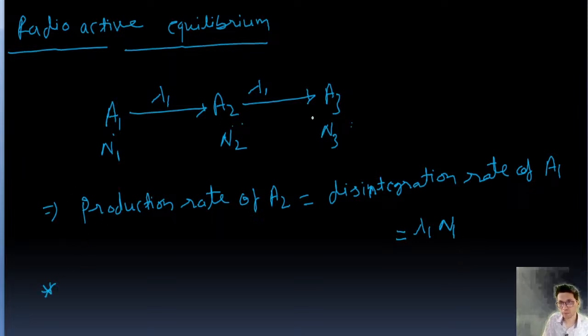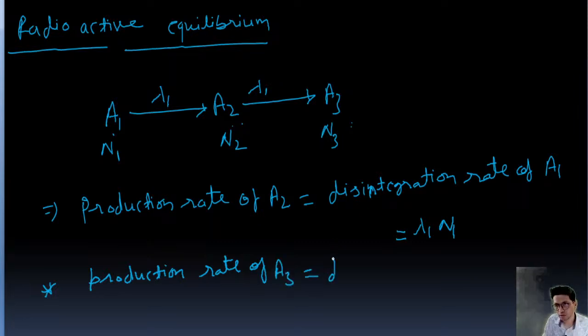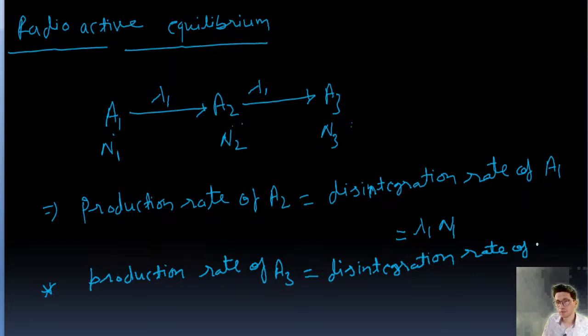Similarly, if we talk about this reaction, very important, the production rate of A3 is going to be equal to the disintegration rate of A2, and that will be equal to lambda 2 N2.